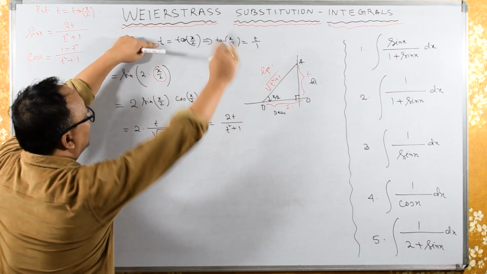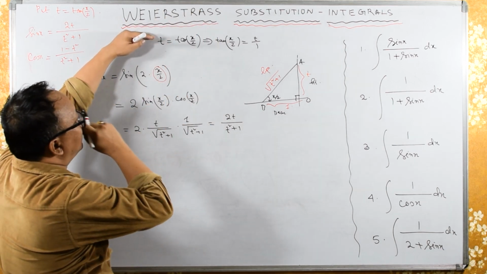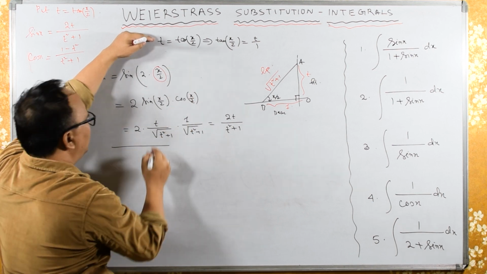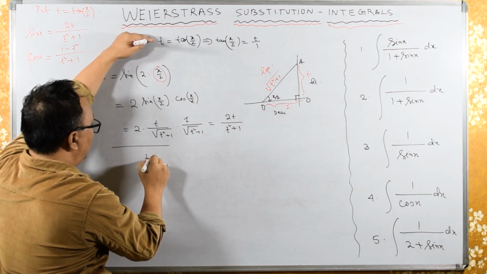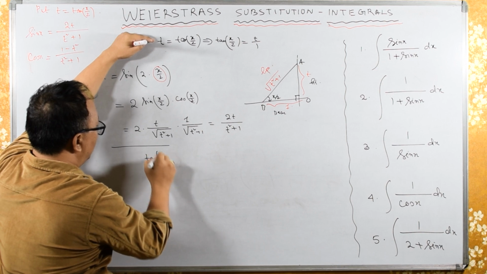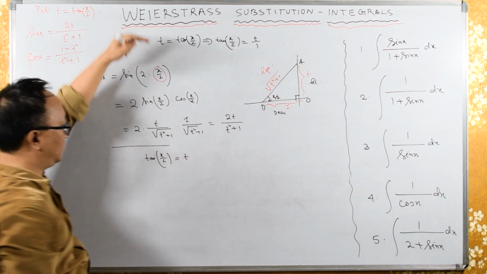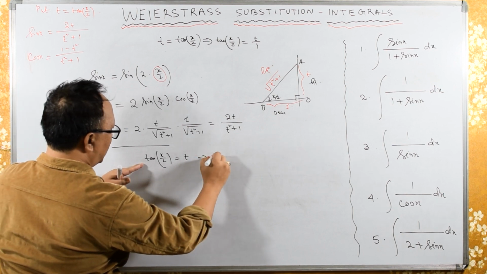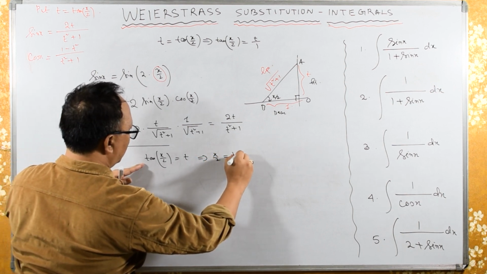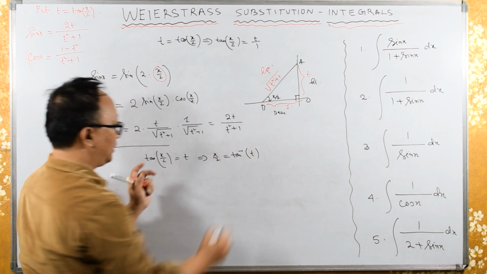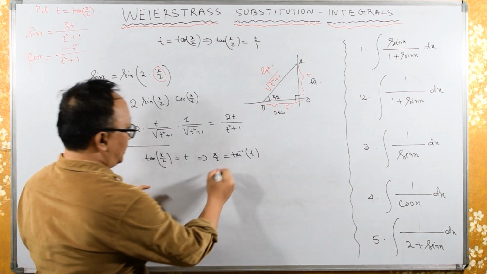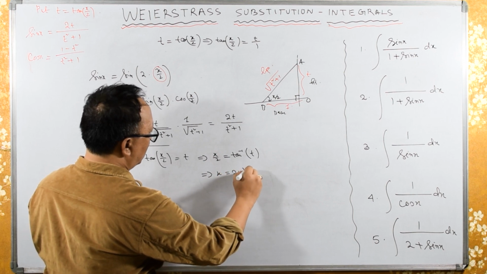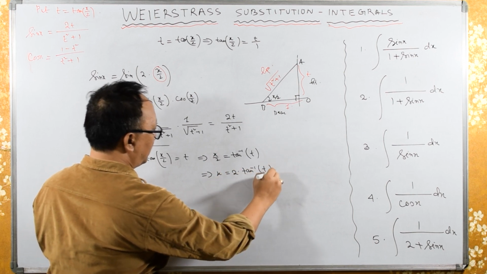Since tan of x by 2 equals t, if I send tan to the other side, it implies x by 2 equals tan inverse t by the inverse formula. Similarly, I can send the 2 to that side, therefore x equals 2 into tan inverse t.